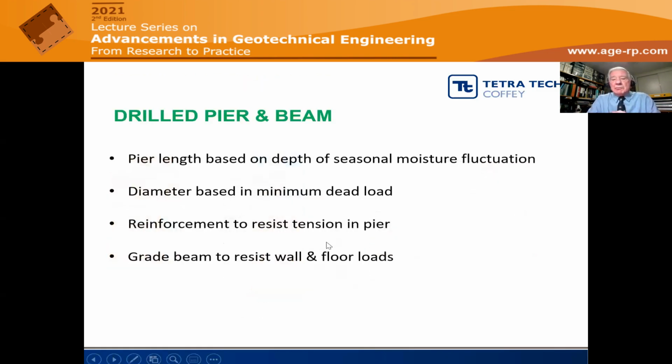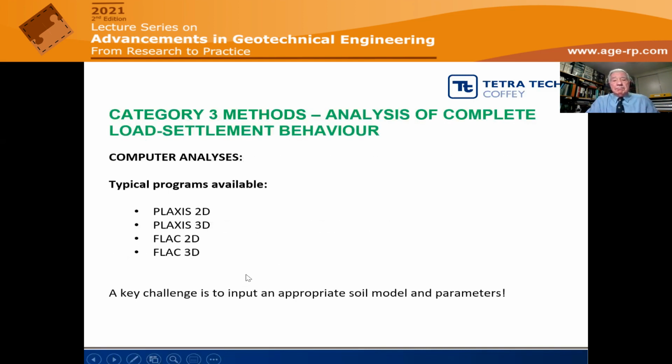Here, the pier length is based on the depth of seasonal moisture fluctuations. Ideally, we need to take it below that reactive zone. The diameter tends to be based on the minimum dead load. You need to reinforce the pier to resist tension, and you need to have a grade beam which can resist the floor and wall loads.